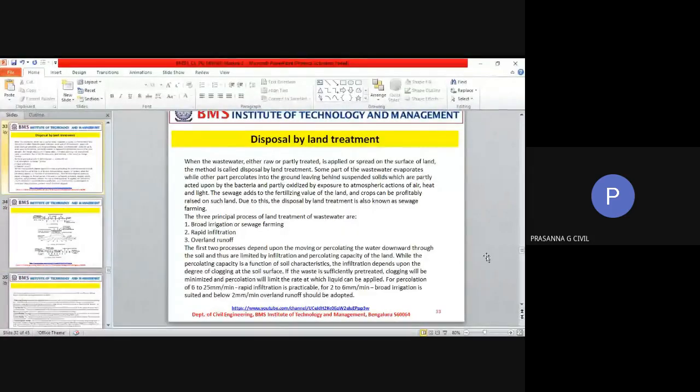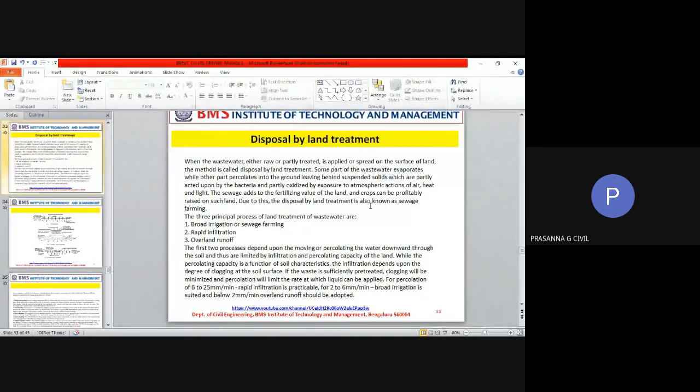We looked at dilution by sea, disposal into the sea. Now we can also see what happens when disposal is done on land. Many of us would have heard of this term.